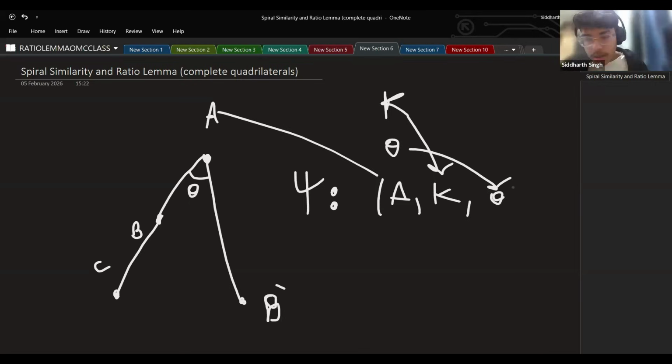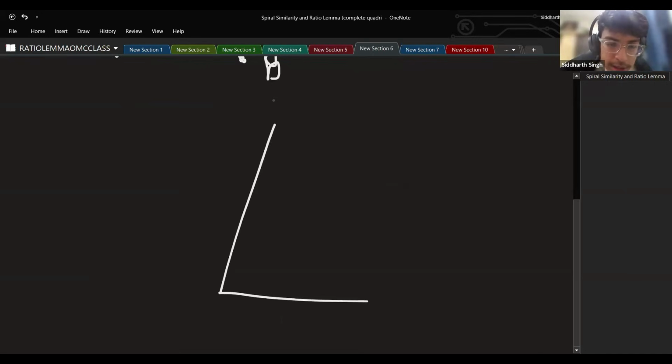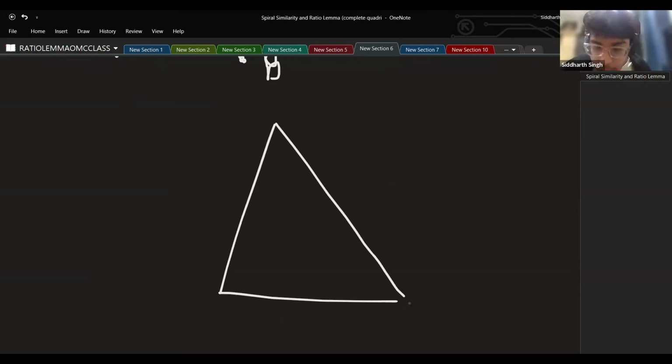So first we dilate B, then we rotate B, which is why it's called spiral similarity: spiral because of the rotation and similarity because of dilation. You don't need to worry too much about it. I'll cite it without proof, but try to prove this after as homework, guys. Exercise left to the reader.